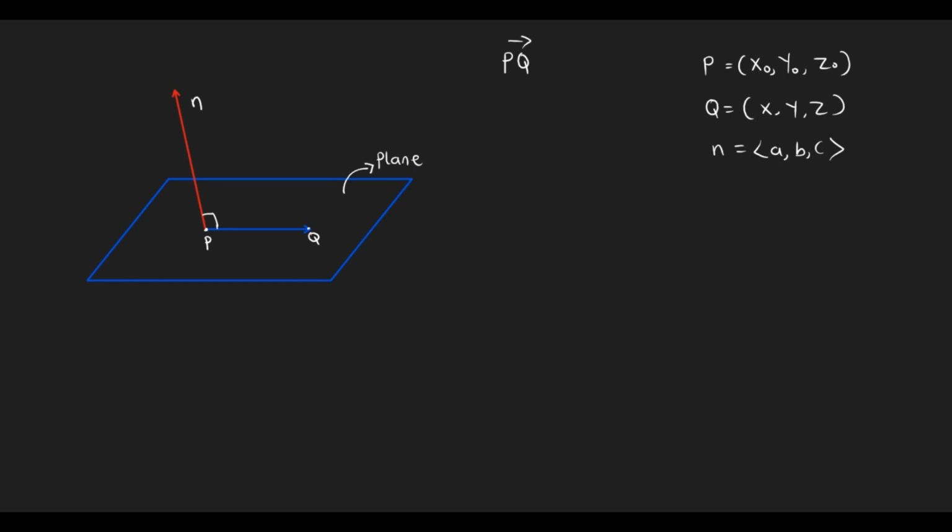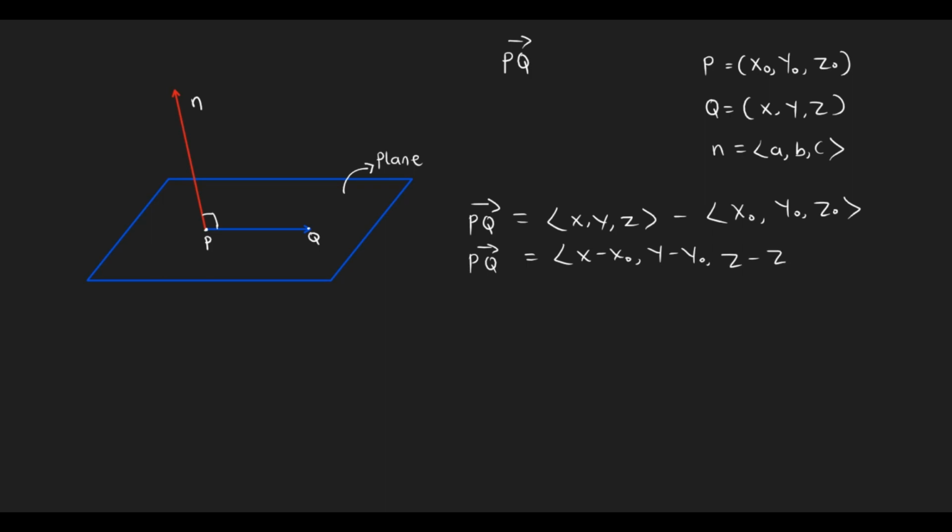So let's generate vector PQ. We are going to have vector PQ equal to x, y, z minus x naught, y naught, z naught. So we can further write vector PQ as x minus x naught, y minus y naught, z minus z naught.